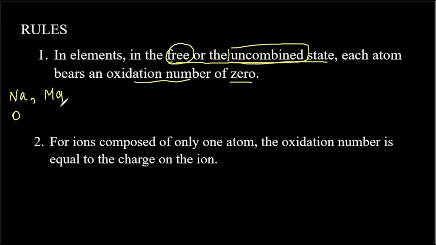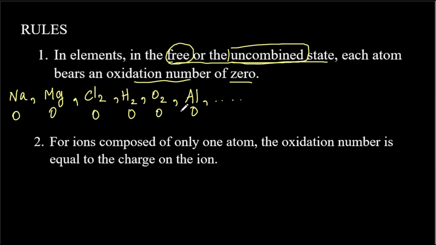In the same way, if I write Mg, it is 0. Then what about Cl2? Two chlorine atoms are combined, but there is no charge. It is a neutral molecule, so the oxidation number is 0. Then H2O2, the oxidation number is 0. Then you can write Al, and so on.